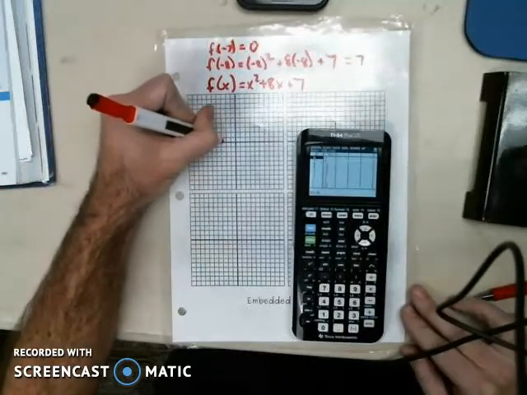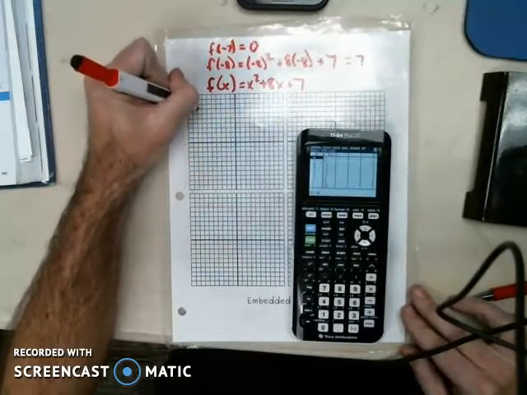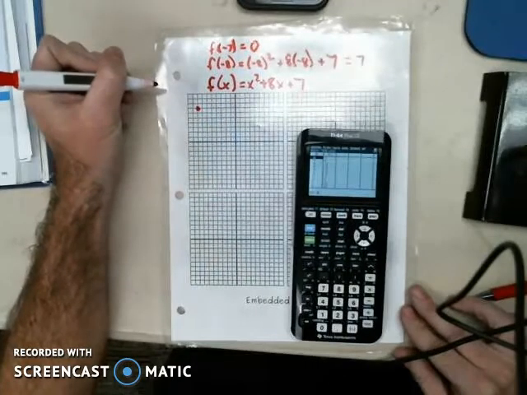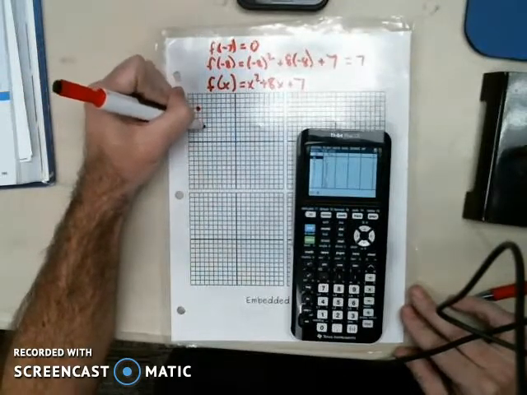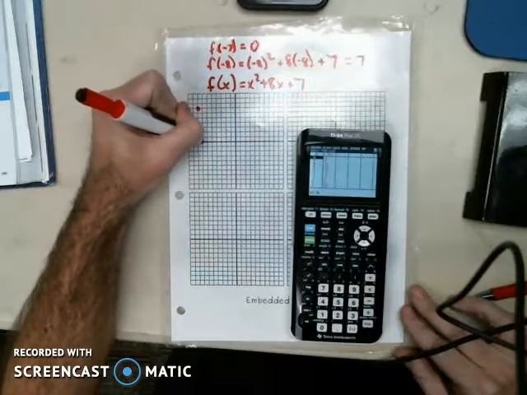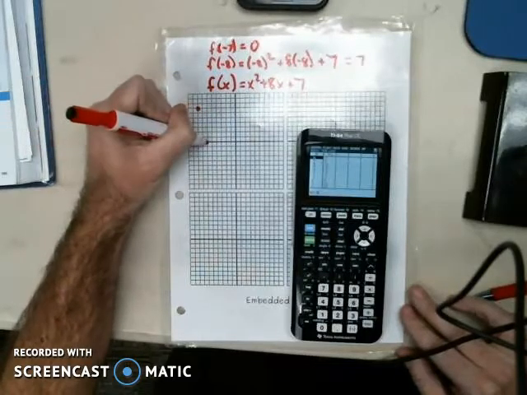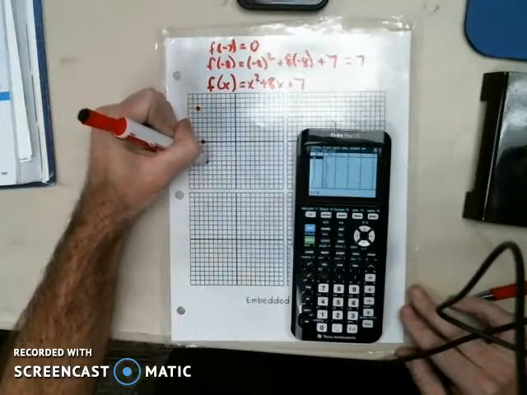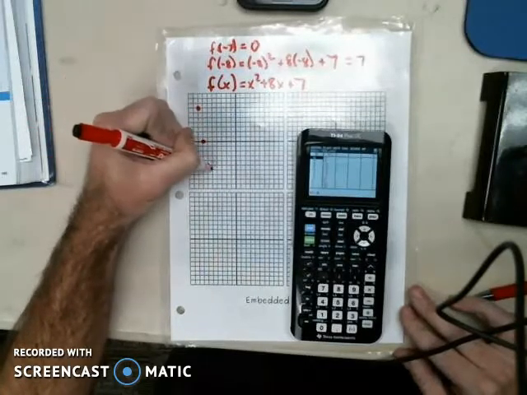I'm going to go out here to 1, 2, 3, 4, 5, 6, 7, -8. I'm going to put in that point, 7. The next one is -7, 0. Oh, that's right there. The next point is -6, -5. 1, 2, 3, 4, 5. Then -4, -9.